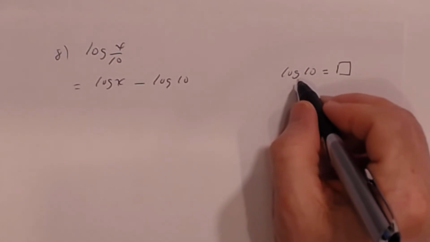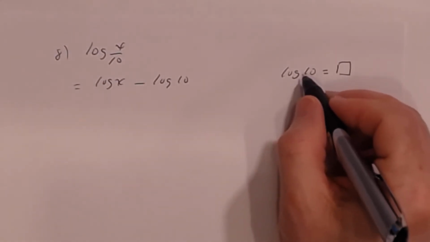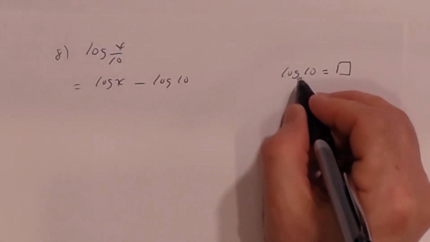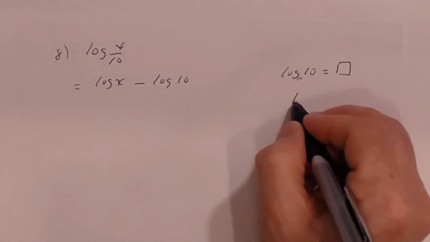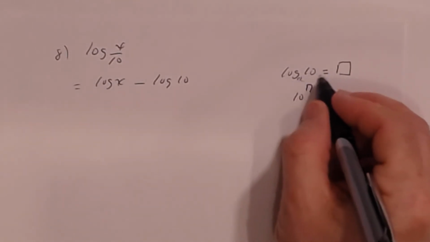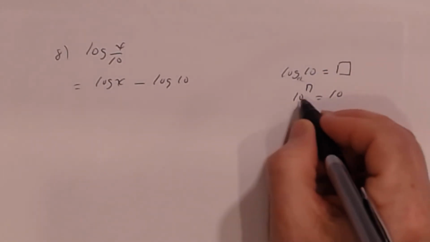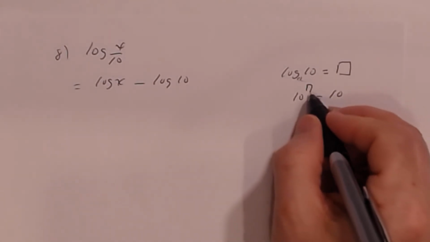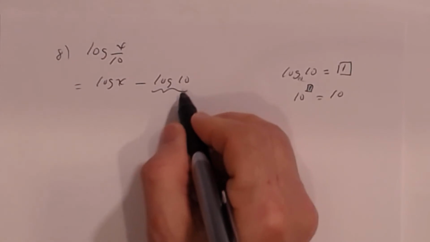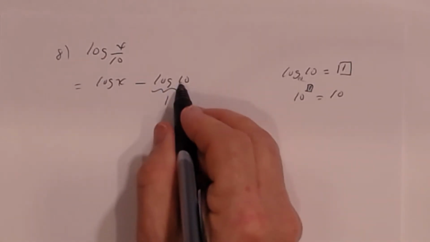You have to remember, if you don't see a base, that's a common logarithm, so the base is 10. This is understood to be a 10 right here. So this becomes 10 to what power? Remember, change it to an exponential. 10 to what power is the argument? Well, 10 to what power is itself? 10 to the first, right? So this right here is 1. So the log of 10 is 1.